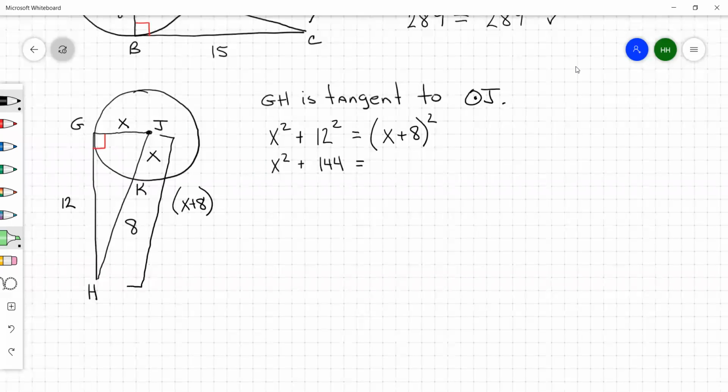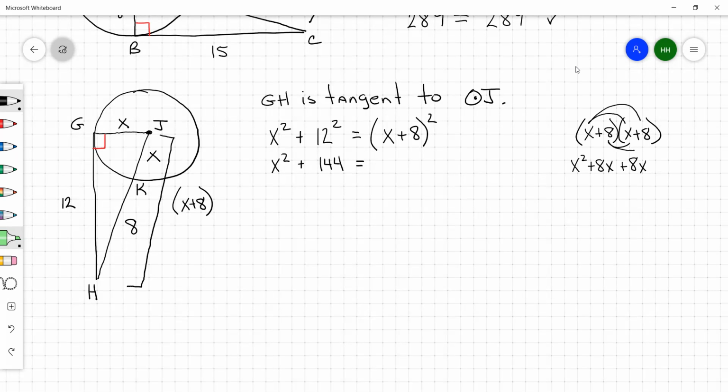You did this back in Algebra 1. Watch. x plus 8 squared is the same as x plus 8 times x plus 8. And when you have a binomial times a binomial, you have to do the distributive property twice. So you have x times x, which is x squared, and x times 8, which is positive 8x. And then 8 times x, which is positive 8x.